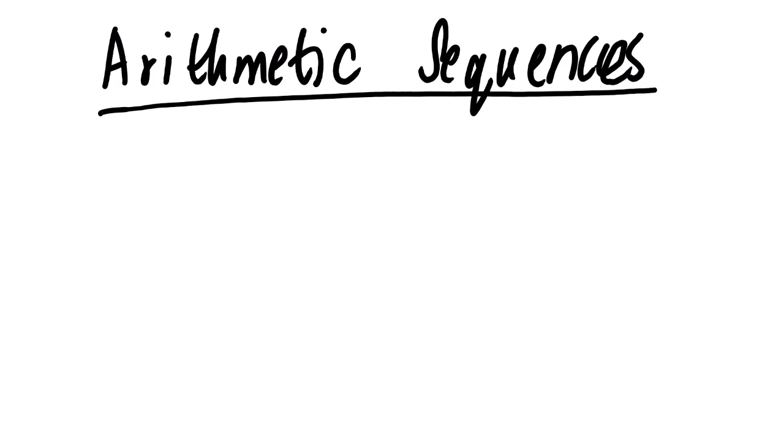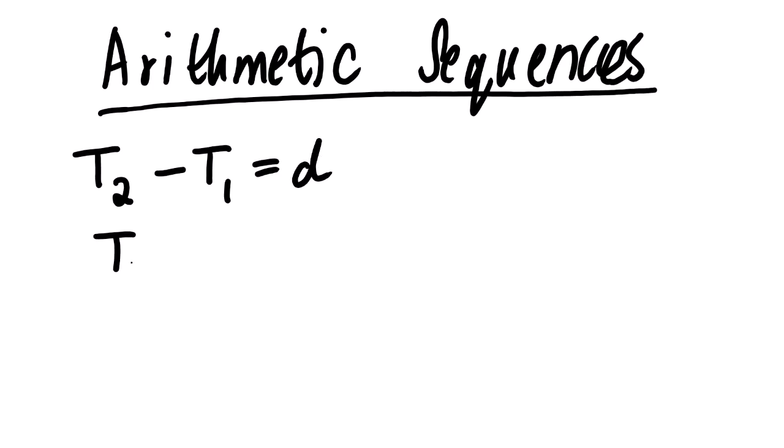This simply means that the difference is the result of subtracting 2 numbers. Term 2 minus term 1 gives you the difference. Term 3 minus term 2 gives you the very same difference.